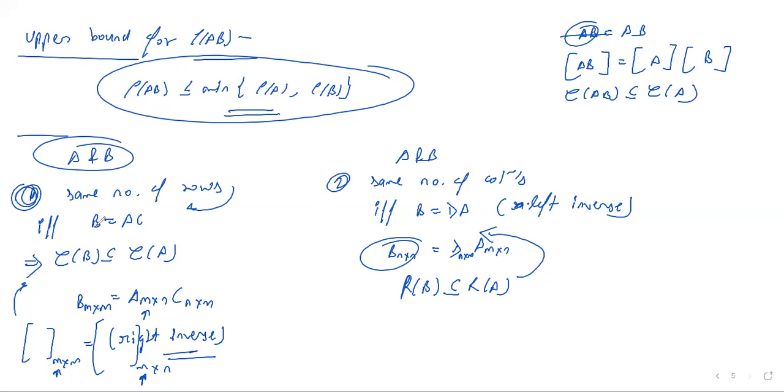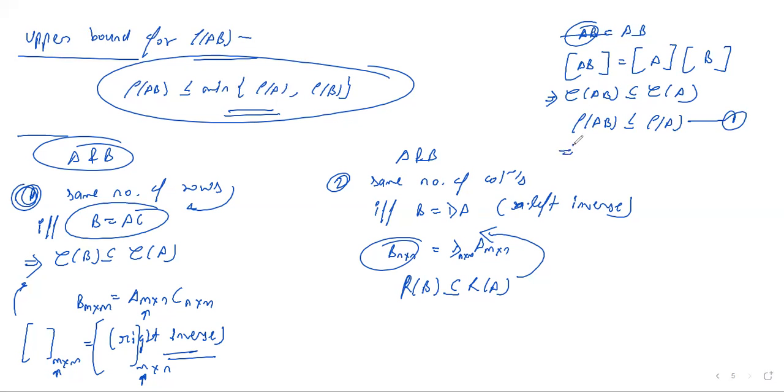Because if we have B equal to AC, then the column space of B is a subset of the column space of A. Similarly applying it here, the column space of AB is a subset of the column space of A. If we take the dimensions of these, then the rank of AB is less than or equal to the rank of A. This is my first equation.